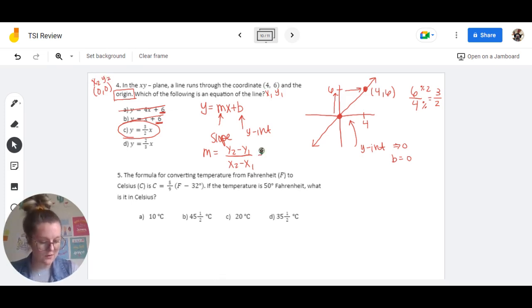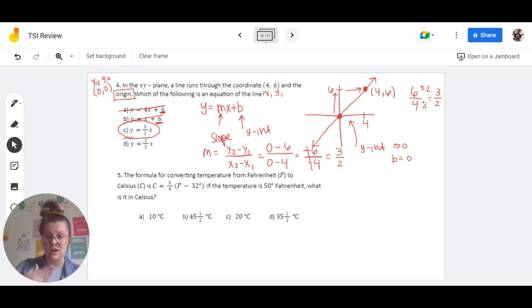So if I go ahead and plug those in, I have 0 minus 6 over 0 minus 4, which would give me negative 6 over negative 4. Two negatives make a positive. And then I have the same 6 over 4, which simplifies into 3/2. So again, we would know the slope is 3/2, and we can verify that the y-intercept is 0. So there's a couple different options. I'd like to give you guys different options in case one makes more sense to you than the other one.